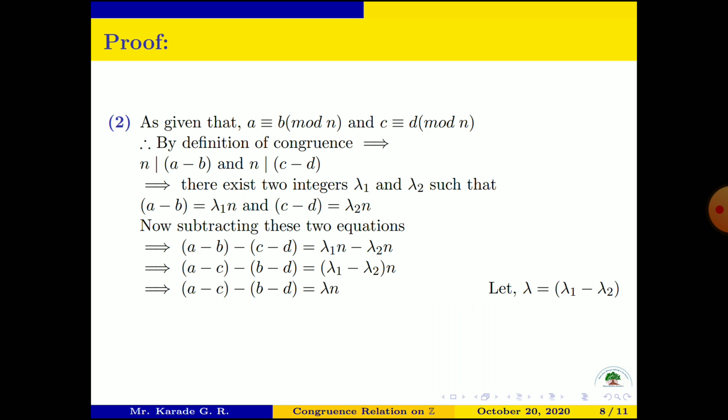So this shows that the difference of a minus c and b minus d is an integer multiple of n. Therefore n divides the difference a minus c minus b minus d, and this implies that a minus c is congruent to b minus d mod n. So this is the second statement that we have proved.